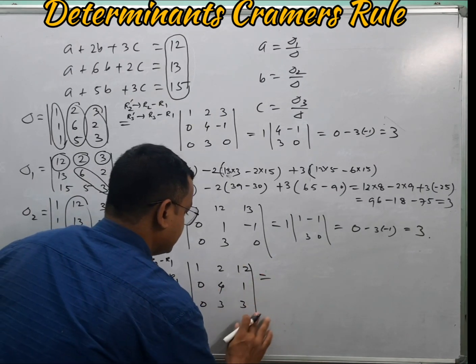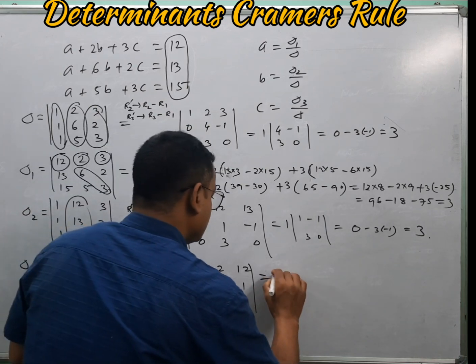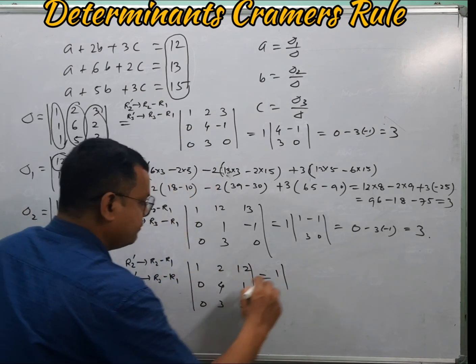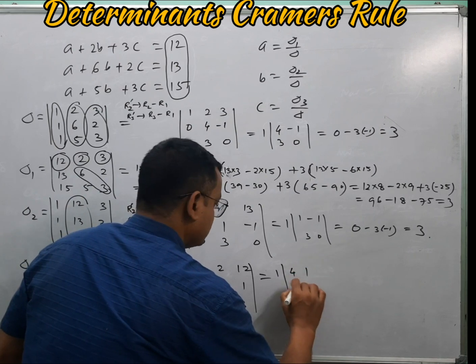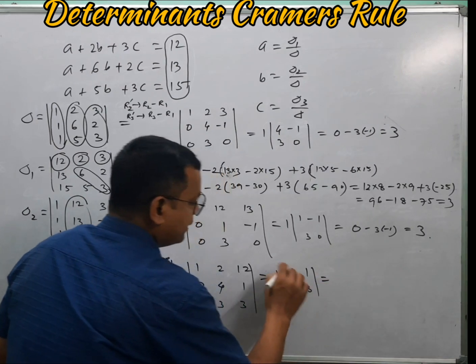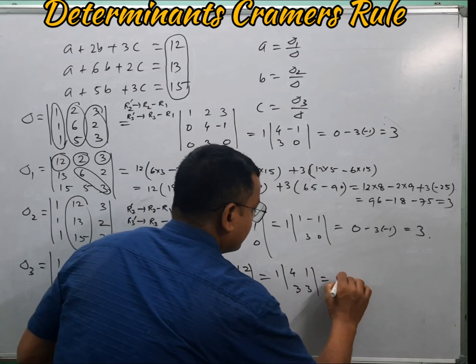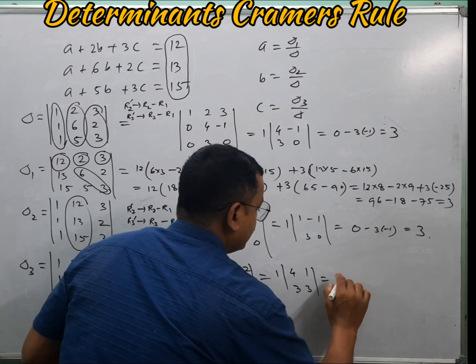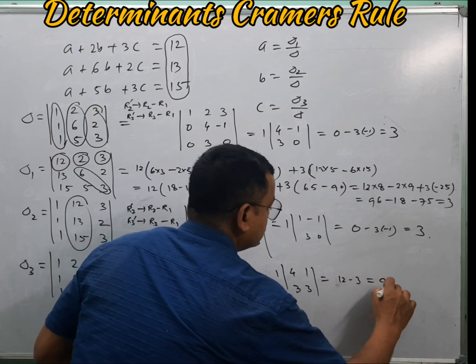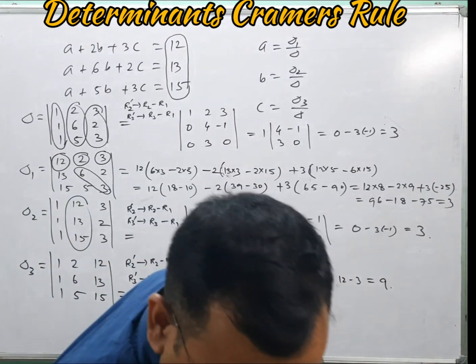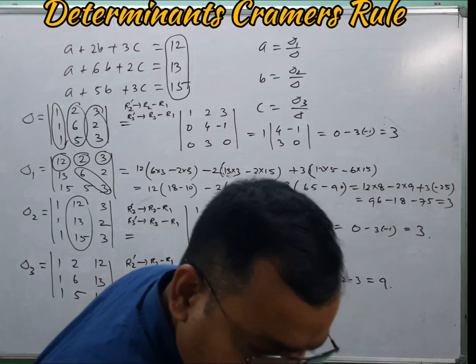And if you calculate, you are getting how much? 1 into, leaving this row, this column, 4, 1, 3, 3. So again 4 into 3, 12 minus 3 equals 9. Okay. So you got delta 3 equals 9.